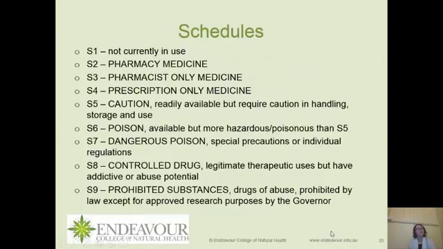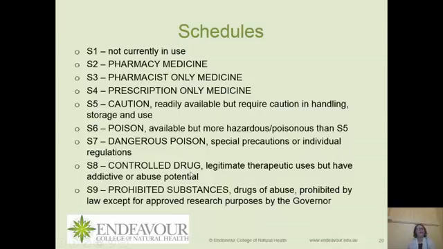Here are schedules 1 to 9, and we'll just talk about a couple of them that will be important. When it comes to schedules 6, 7 and 8, these are going to be likely the substances that you'll be researching for your assignment on toxicology.